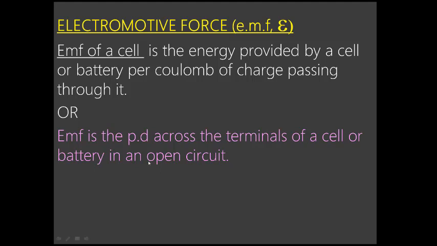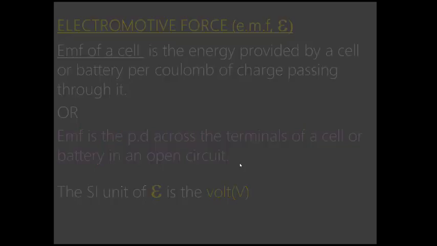Students always like this because it is shorter, but still, this is also easy for you to remember. The PD across the terminals of a cell in an open circuit, that is called EMF. So the SI unit of EMF is the volt. Remember, EMF and PD are all voltages, and the SI unit of voltage is the volt.